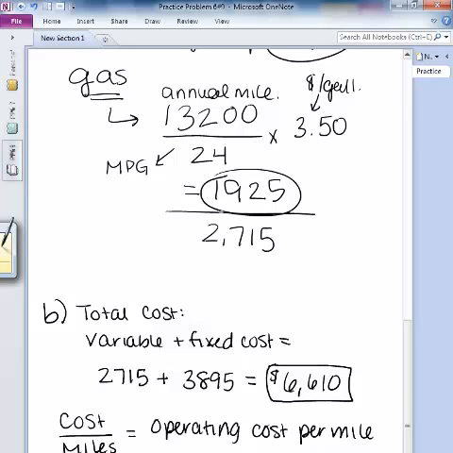But remember, and this is where you want to make sure you're careful and read the question, this is in terms of dollars, but the question is asking in terms of cents. So your answer would be 50.1 cents.